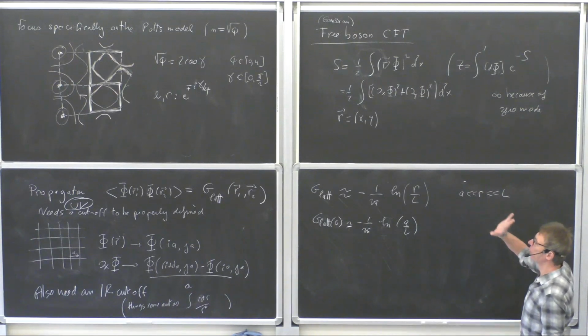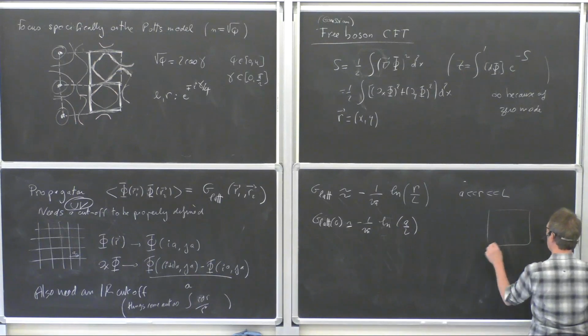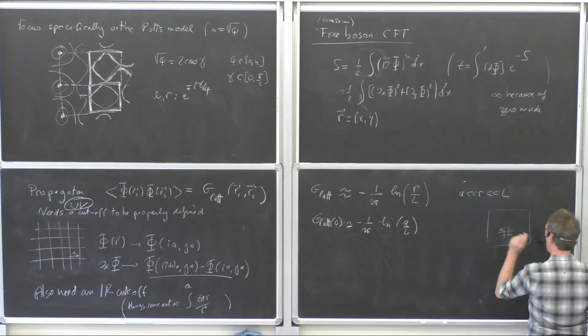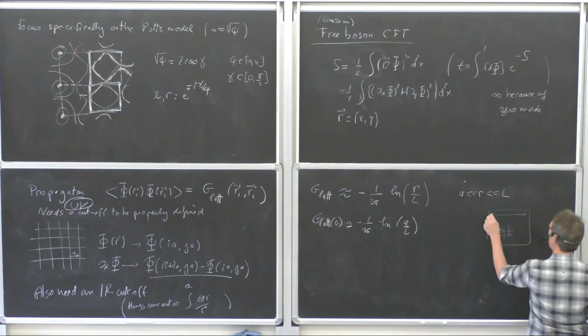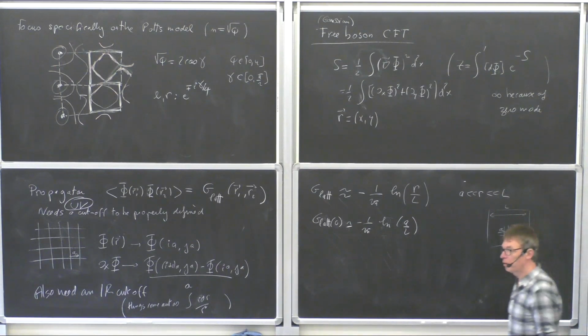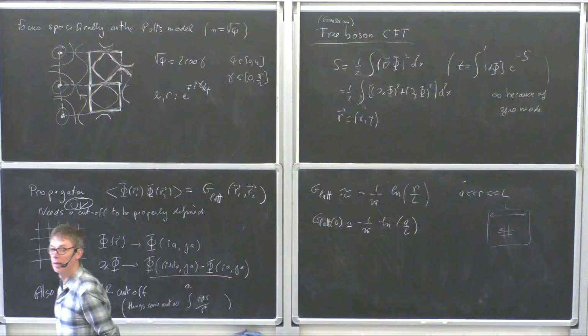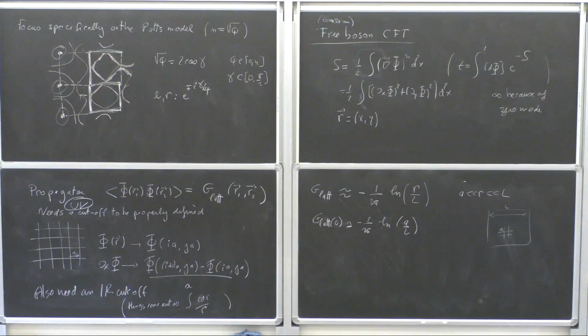In other words, the theory can only be properly defined, I claim, if first of all we have a short distance quantity a, and second of all we have a large distance quantity L. It's okay for statistical mechanics, right? We don't care. We know we have these things, but this might create problems later.